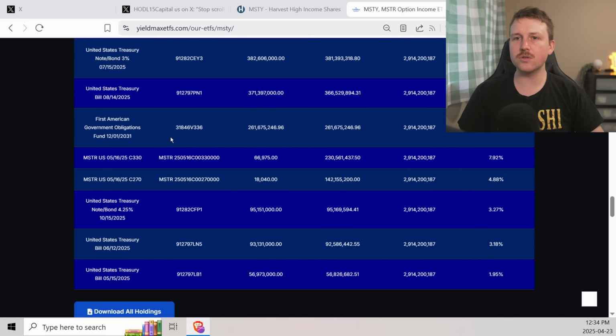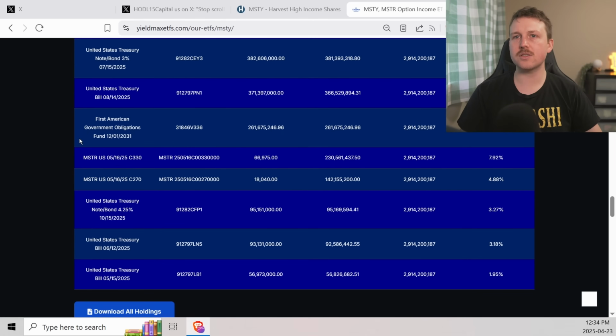And then what they do on top of this is they sell short-dated call options that are affected more by theta decay and are perhaps out of the money to some degree. It's really dependent on what the MSTY team decides to do, but they hold these call options, these long-dated ones, as if they are holding underlying shares.